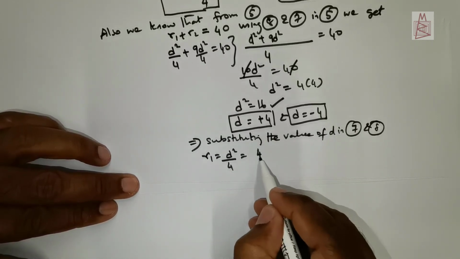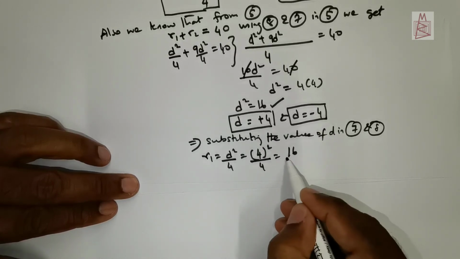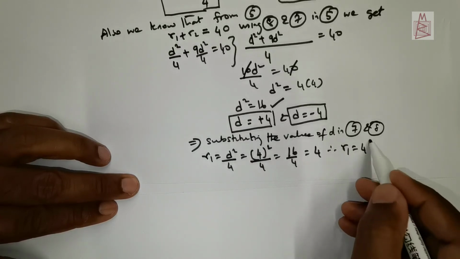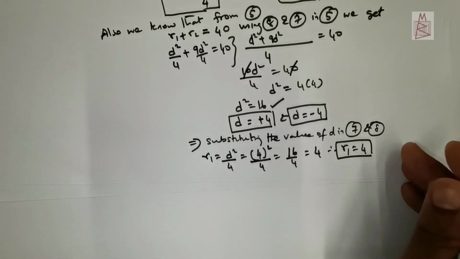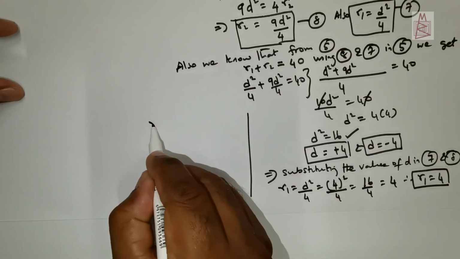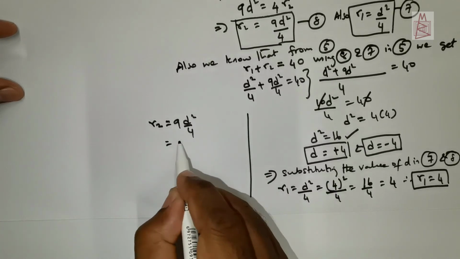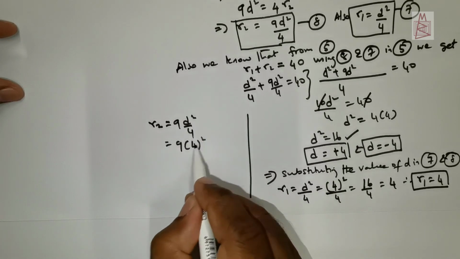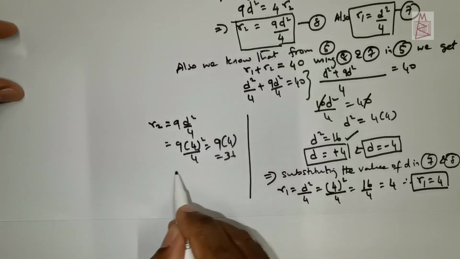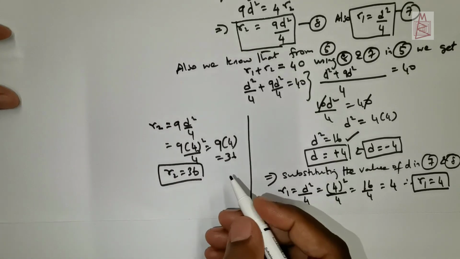So d is equal to 4. I substitute 4 squared divided by 4. So 16 over 4, which means R1 is equal to 4. So this is one root. And R2 is equal to 9 d squared divided by 4. So 9 times 4 squared divided by 4 is equal to 9 times 4 is equal to 36. So R2 is equal to 36.